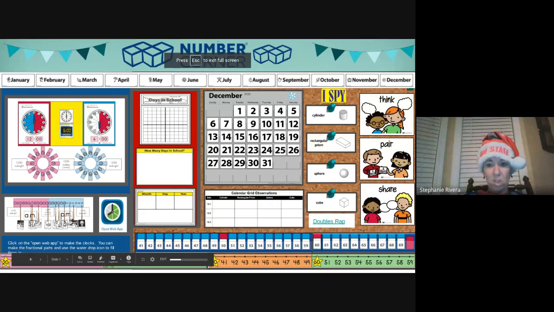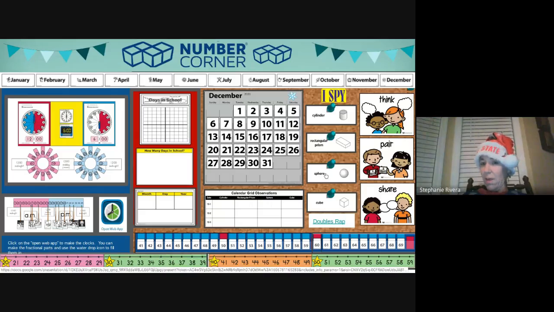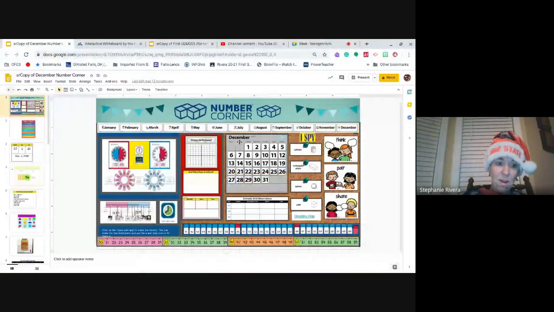What do you think? Do you think that jar of peanut butter is the shape of a cube? A sphere, that ball? Rectangular prism, that box? Or do you think it's a cylinder, like that can of chicken noodle soup? And oh, I heard you say it, and you're absolutely right.